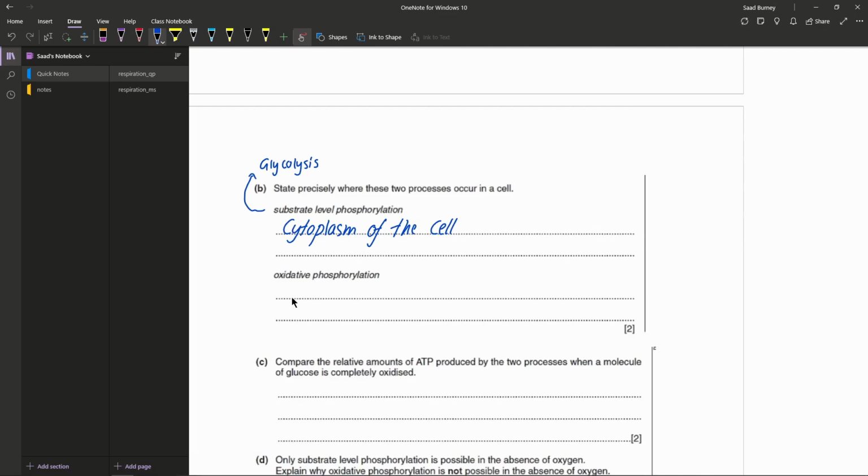So this takes place in the inner membrane, or you could even write cristae of the mitochondrion. However, this term is more preferred because it's more specific, and although the marking scheme accepts both, sometimes you gotta be more specific when they ask you a question.